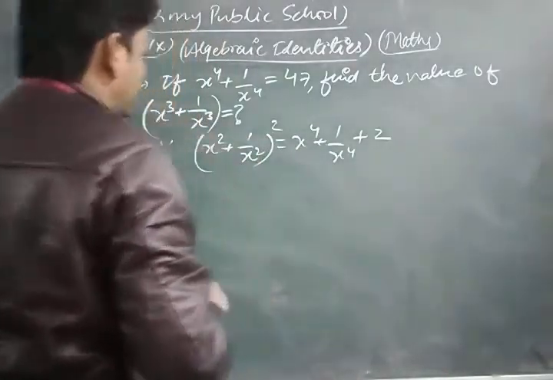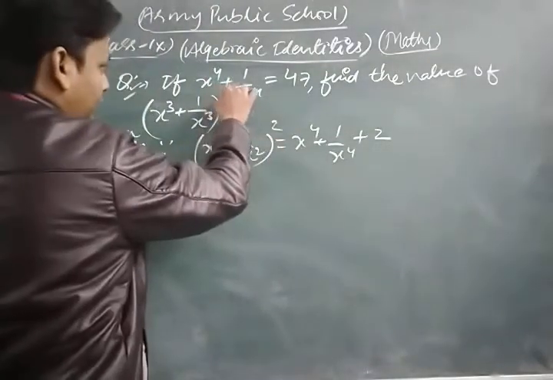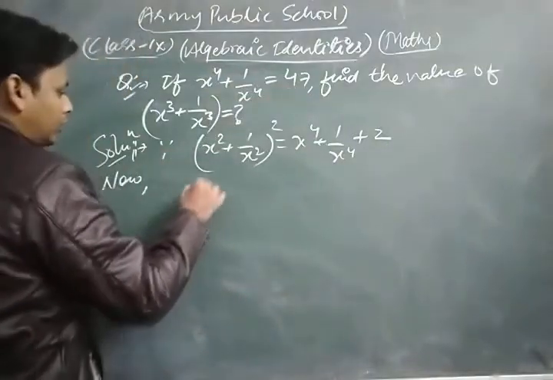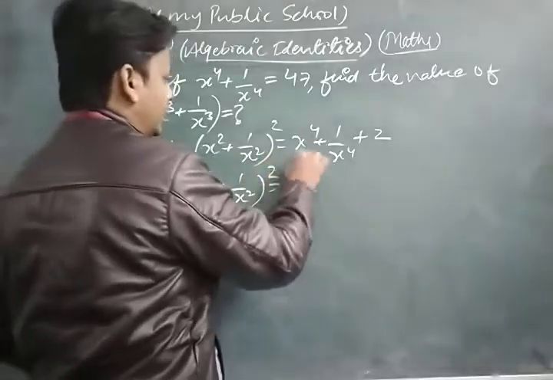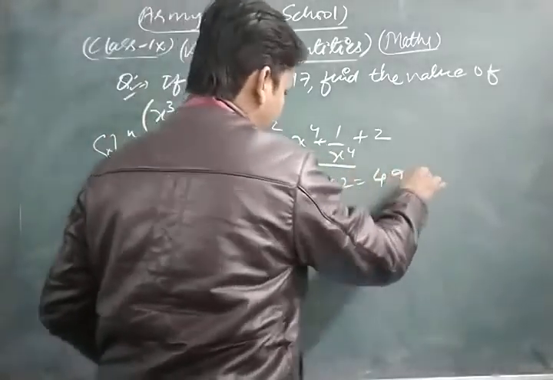Now we put the value of x to the power 4 plus 1 upon x to the power 4, that is 47. Now x square plus 1 upon x square whole square is equal to 47 plus 2, that is 49.